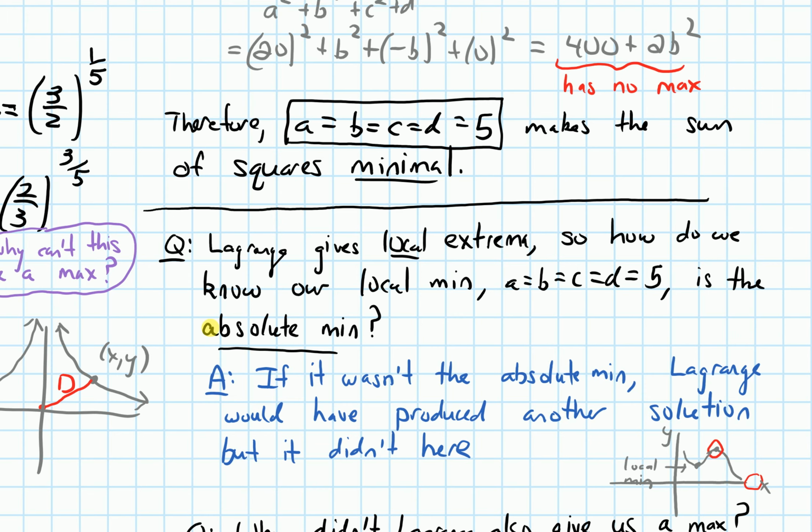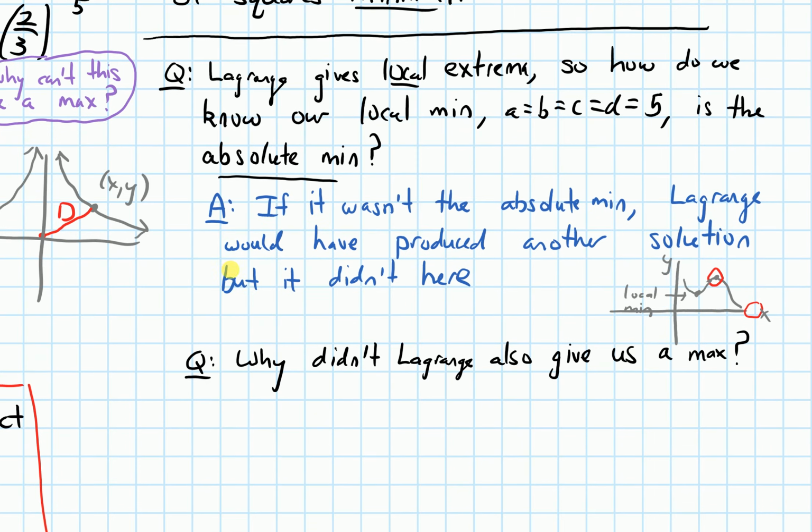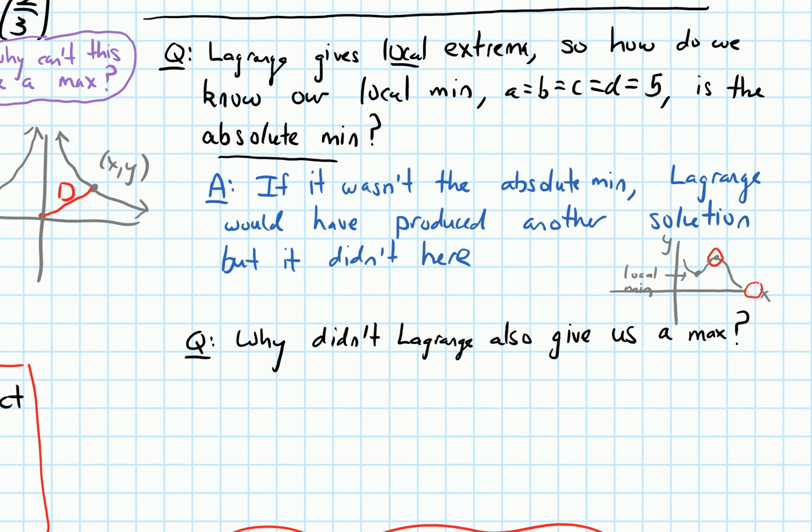Okay, so there's one more question that I wanted to ask about this, which is, why didn't Lagrange in this problem also give us a max? We went through the algebra and showed that our function doesn't have a max because it can get as big as possible. But how come Lagrange didn't give us any local maxes?